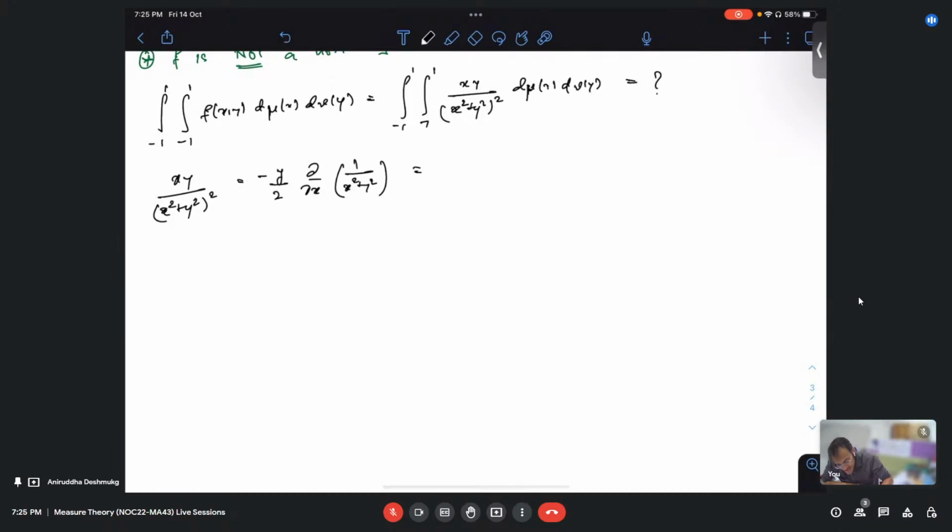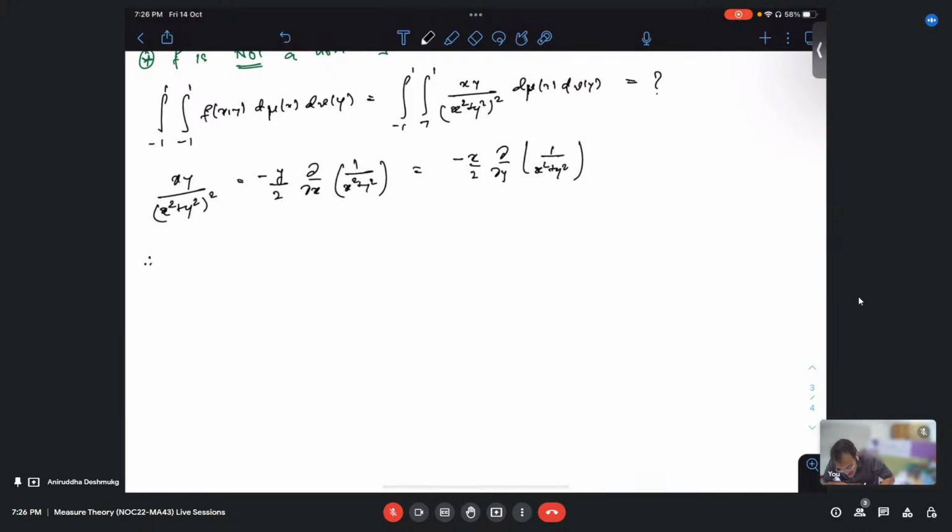Also, I can write this as minus x by 2 times the derivative of 1 over x square plus y square with respect to y. And one can easily check that they are equal. Because once you take the derivative, it is minus 1 over x square plus y square whole square into 2x. So 2 goes away, minus minus cancels, and what remains is xy.